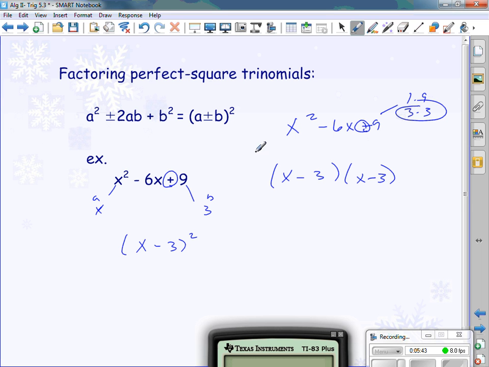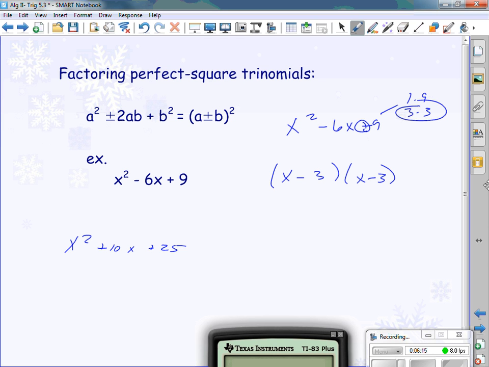You have to do a lot of thinking on this one. If you use the shortcut method, let's see if I have one. Let me make one up. X squared plus 10x plus 25. For any problem, I look. Can I pull anything out? No. Next thing I want to look at, is it special?